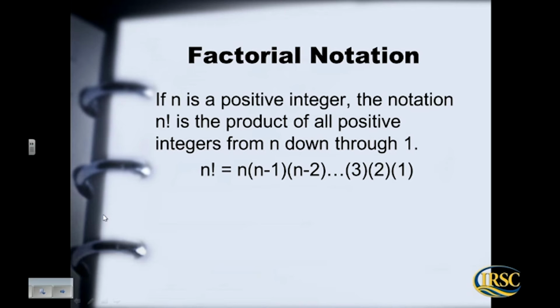It's not always going to be 3, 2, 1. If the number's 3, then you just have 3, 2, 1. If it's 2 factorial, it's just 2 times 1, and so on. But you're counting down until you get to 1. So 5 factorial, 5 times 4 times 3 times 2 times 1, is equal to 120.